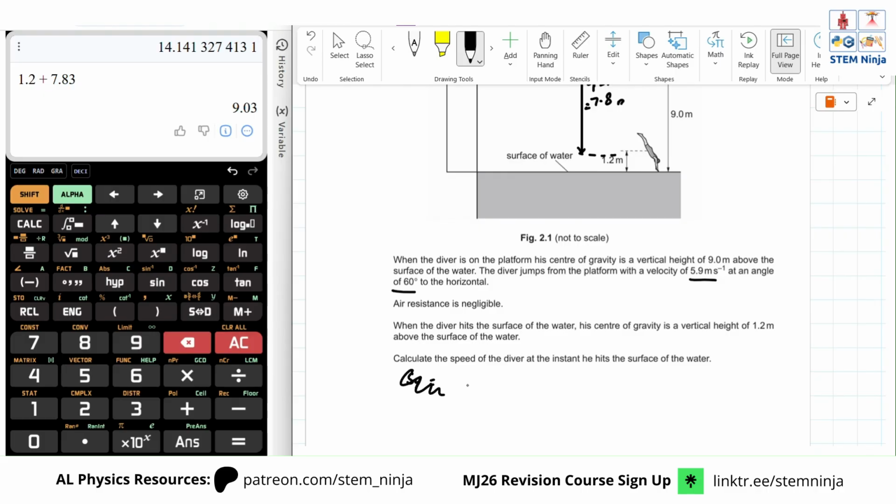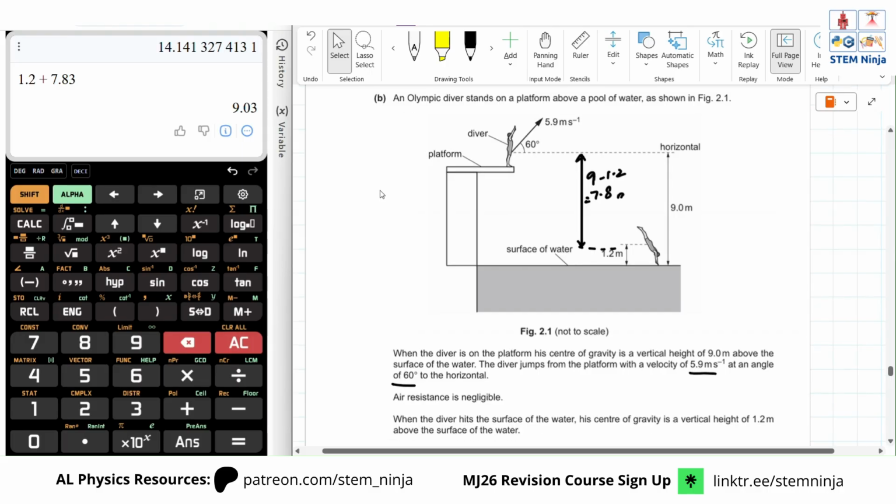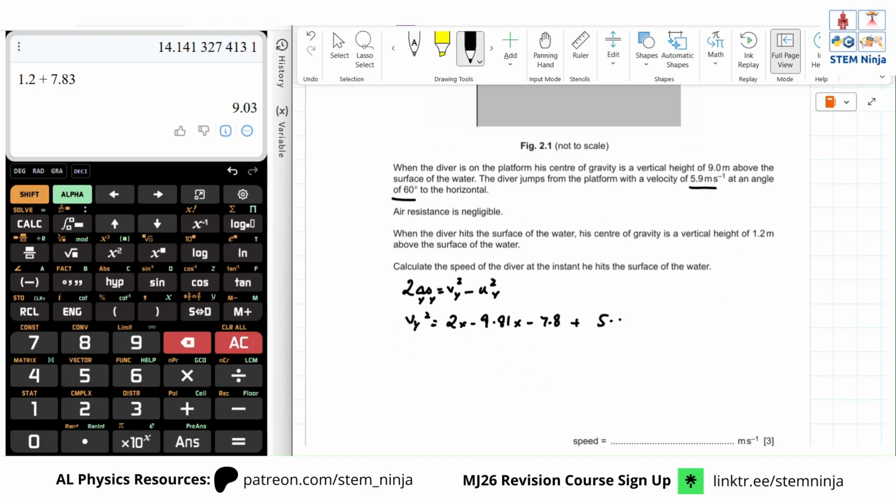Right. Sy, do we know the time? Wait, sorry, did they give the speed of the water? Okay, so 2as, v squared minus u squared, so you can use y. So vy squared is 2 times minus 9.81, net displacement is minus 7.8, plus the u squared, which is 5.9 sin 60 whole squared.